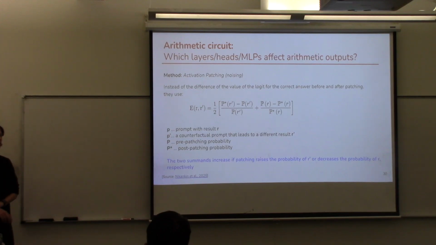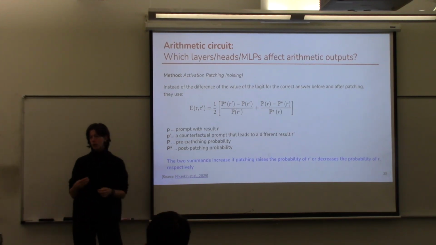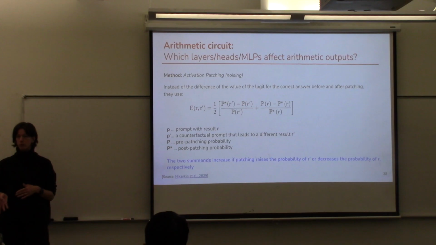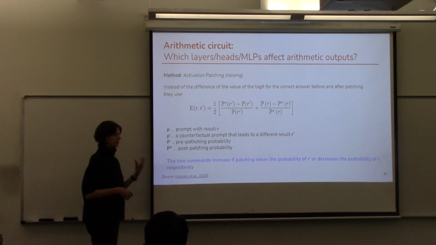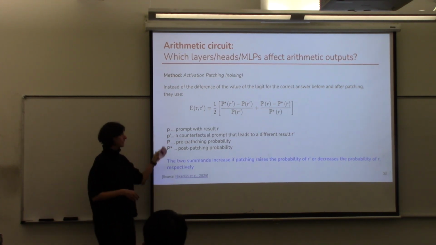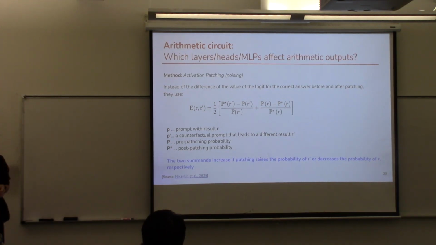And again, my takeaway for you here is that which function you choose for measuring change in behavior from patching is up to you. Now you have learned 2 variants, but if you have a third idea which is particularly useful for your case, use it, right? There is no demand that you need to use something specific here.